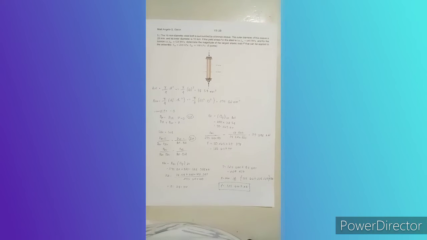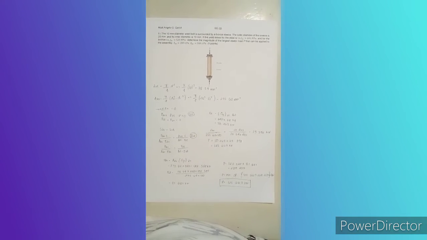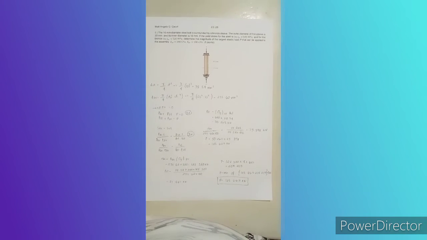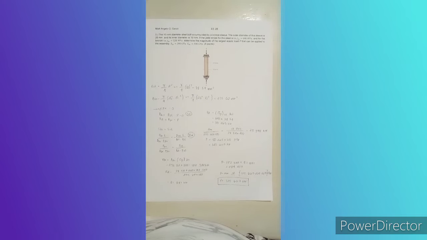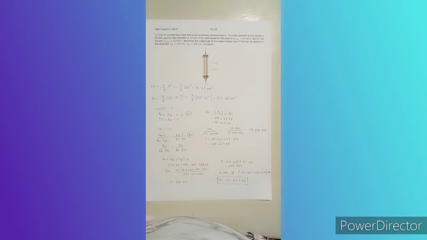So for the last question, question number 5. The 10 mm diameter steel bolt is surrounded by the bronze sleeve. The outer diameter of the sleeve is 20 mm and its inner diameter is 10 mm.